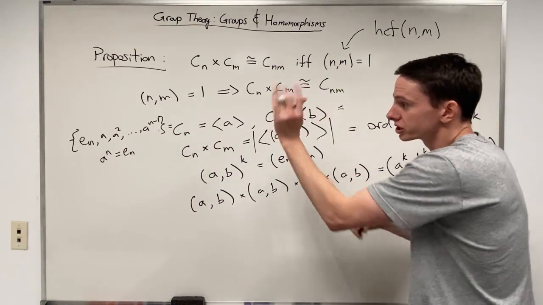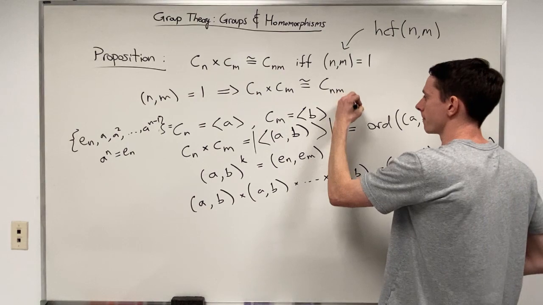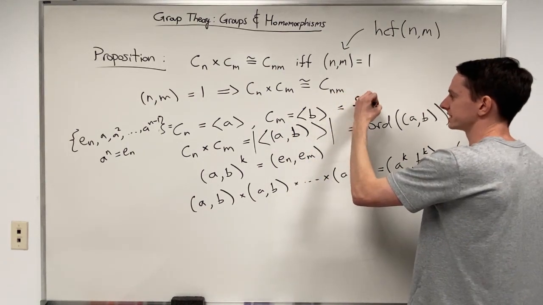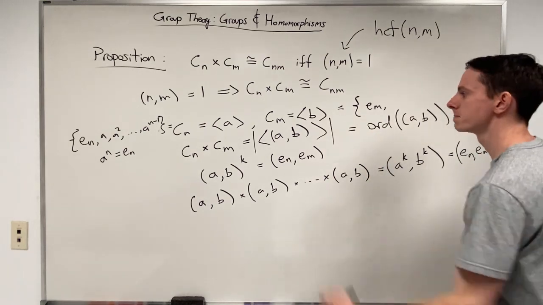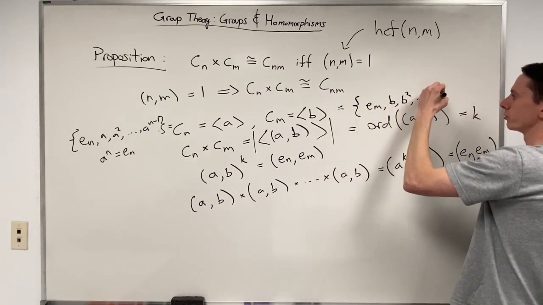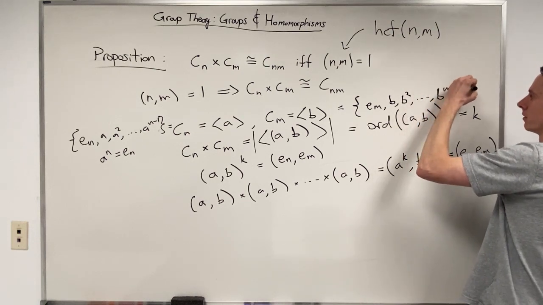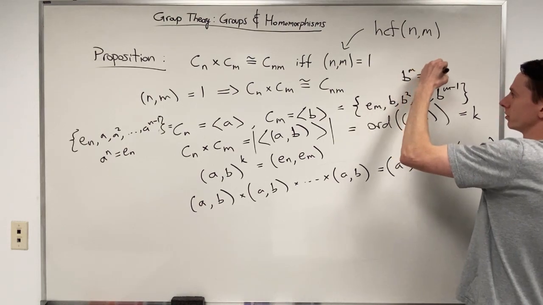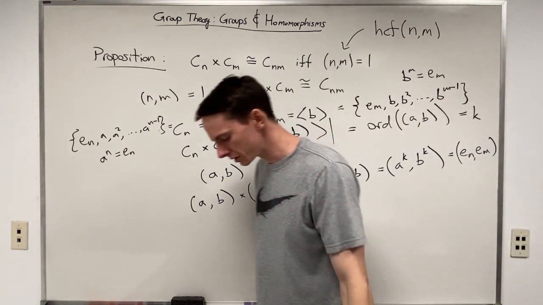Same thing with b, but just slightly different notation. C sub m is going to have its own identity element, e sub m, and then b, b squared, all the way through b to the m minus 1. And it has the property that if we take b to the m, it's going to equal its identity element.